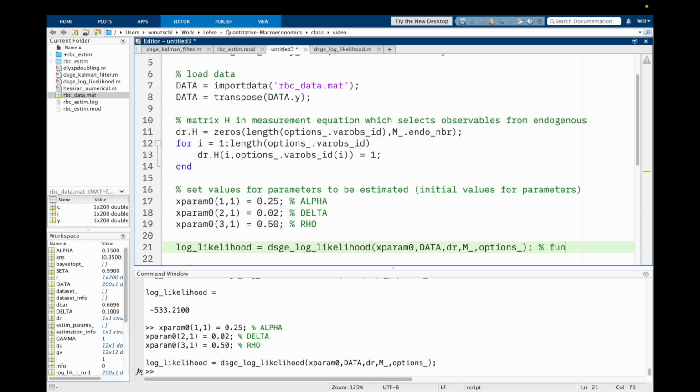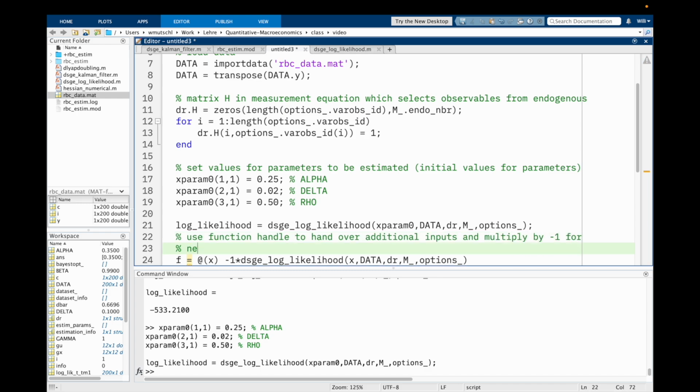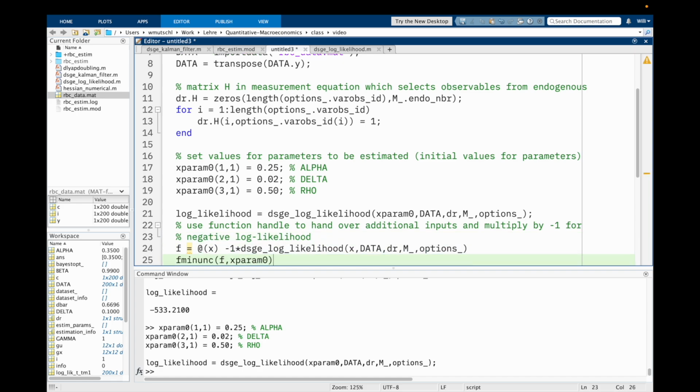Okay, use function handle to hand over additional inputs and multiply by -1 for negative log likelihood. That's the idea. All right.